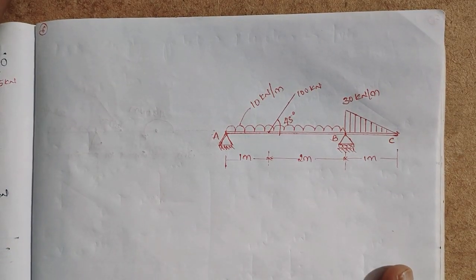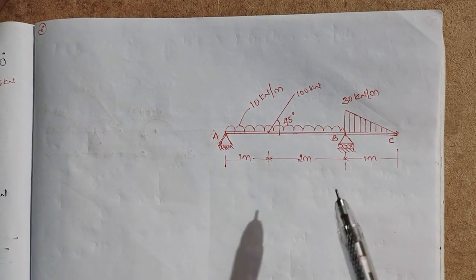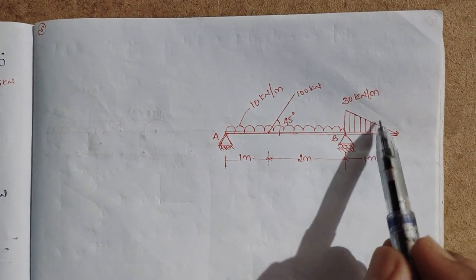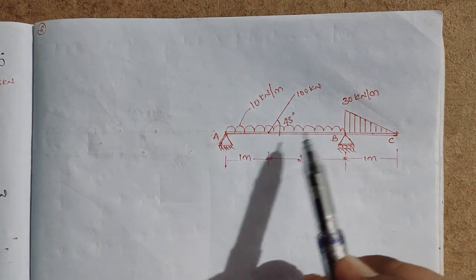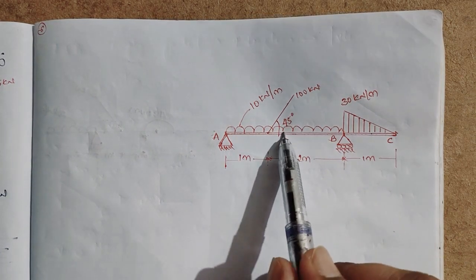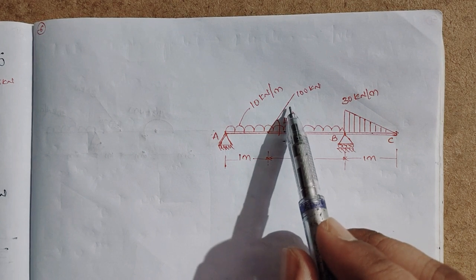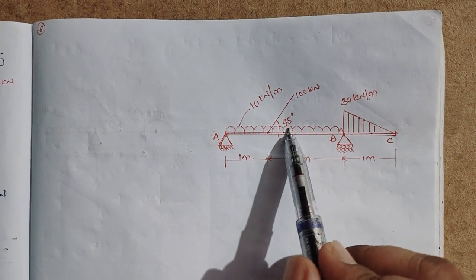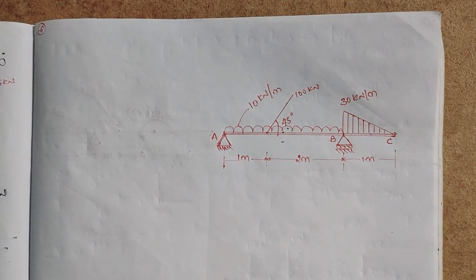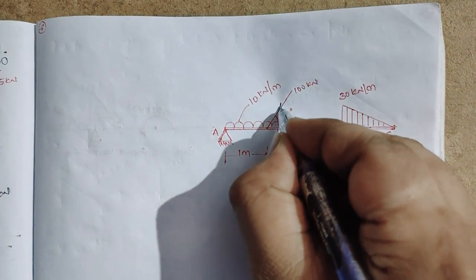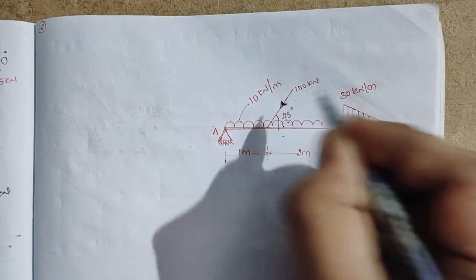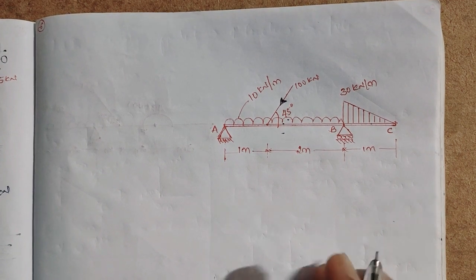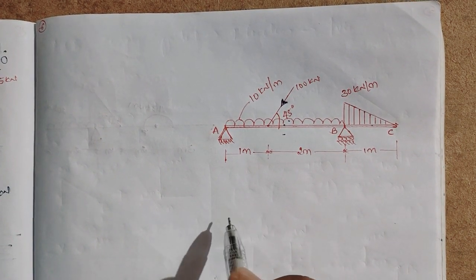In this problem we can see the same overhanging beam as the last problem, but in the overhanging portion we have a triangular load, and in the portion of AB only we have UDL, and we have one point load which is an inclined point load with an angle of 45 degree. So the direction of this force is towards the beam. Okay, so we will solve this.